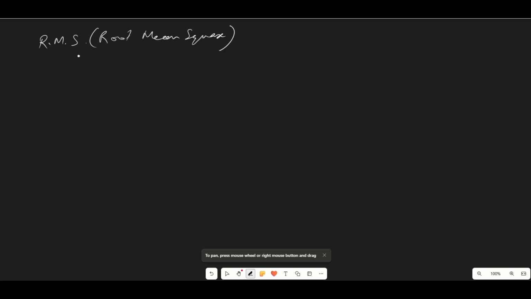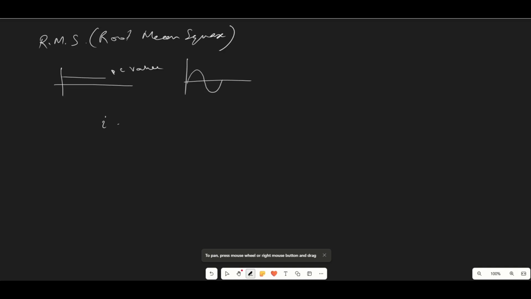So that means RMS is a DC value. That amount of current which will do the same amount of work in the same time as would be produced by an AC signal. Okay, so it is the DC equivalent of the AC signal. Now let's see how we represent this.